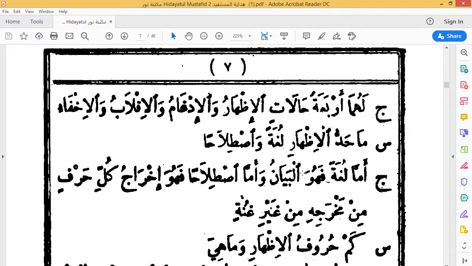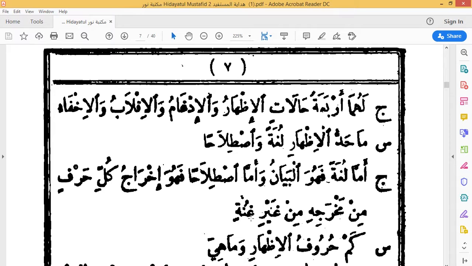Wa amma istilahan, but as for the contextual definition, فهو إخراج كل حرف, it is the bringing out of each letter, من مخرجه, from its place of articulation, من غير غنة, without nasalization, or without accompanying it with nasalization. Inshallah, as we go on, we will know what nasalization means.